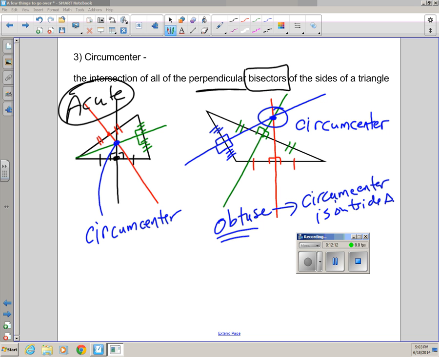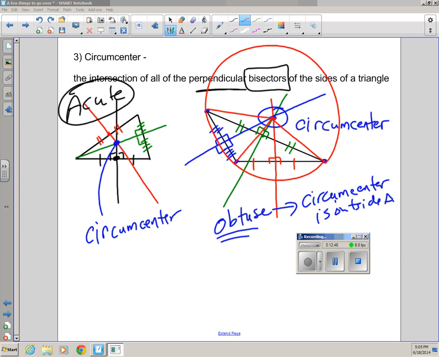This point is on the perpendicular bisector of all three segments, which essentially means that it's the center of a circle that has the vertices of the triangle on it. So let me try to demonstrate. If you're wondering why it's called the circumcenter, this is why. This point here is actually the center of a circle with all three of the vertices of the triangle on it. I'm going to try to draw it. It's a little tough.